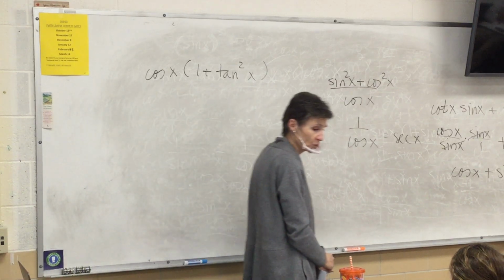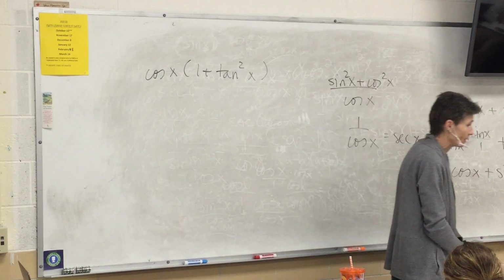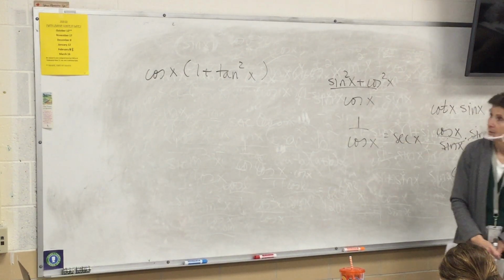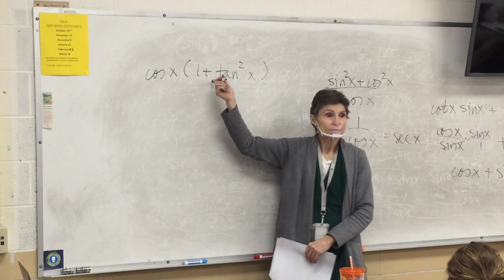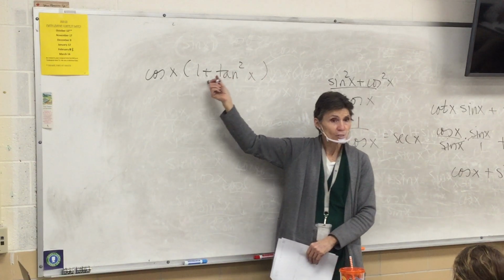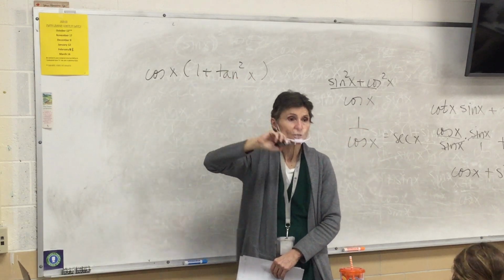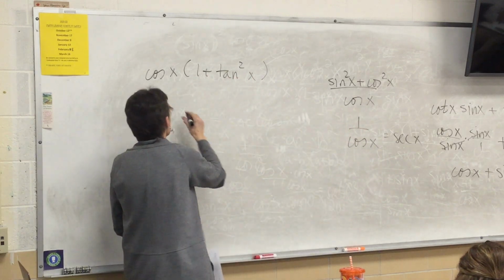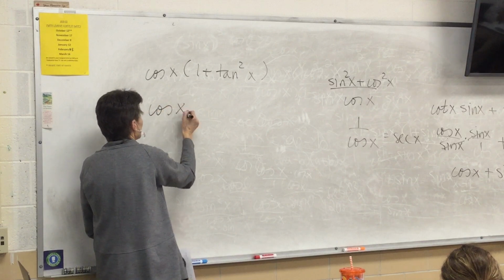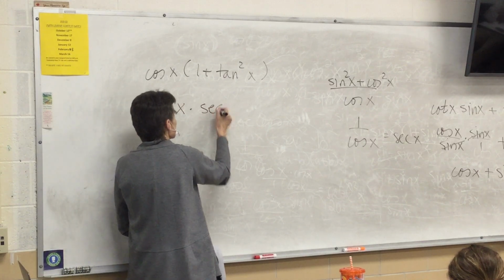Okay, look at your formula sheet and see if anything pops out at you. See this parentheses here, guys? Look at your formula sheet. Do you see that on there? What does it say about 1 plus tangent squared? It's secant squared. So this is cosine times secant squared.